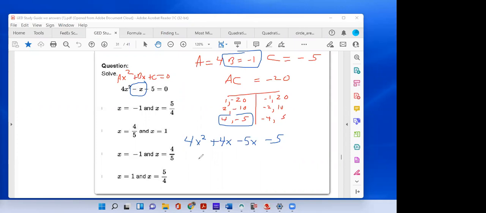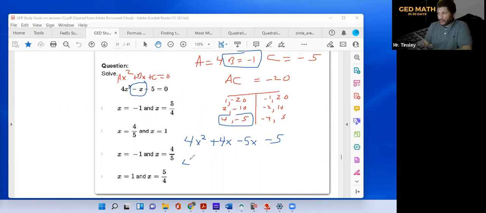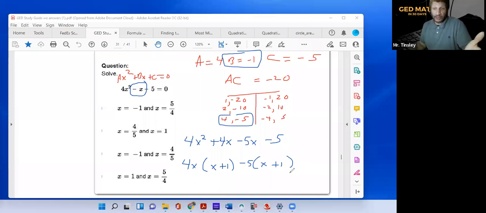So I have to pull out a 4x, and I get x plus 1. If I pull out an x plus 1 here, again, I'm going to have -5, and I pull out an x plus 1, right? Now, I didn't even show you this. Okay, if you're in algebra class or college algebra or high school algebra, you learn this over 2 weeks.